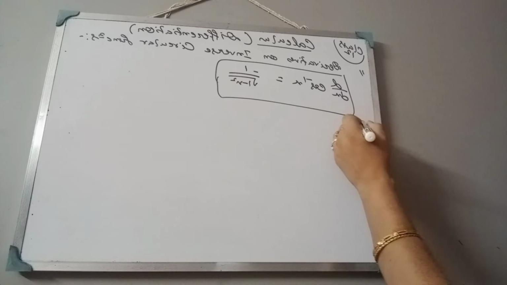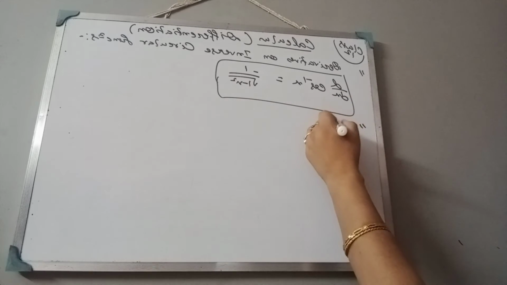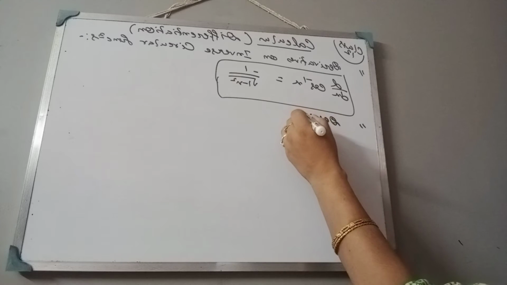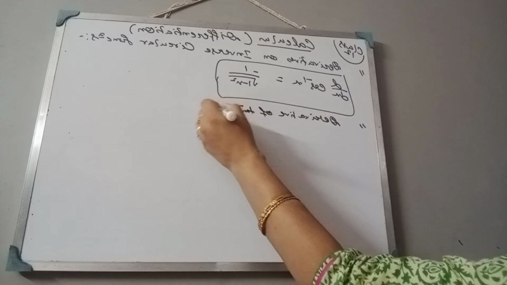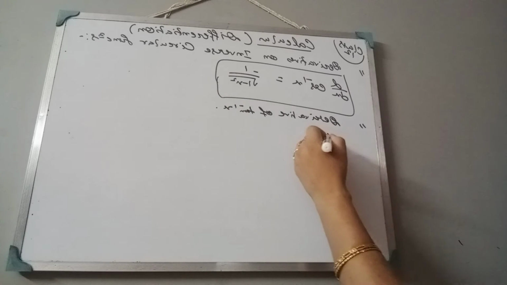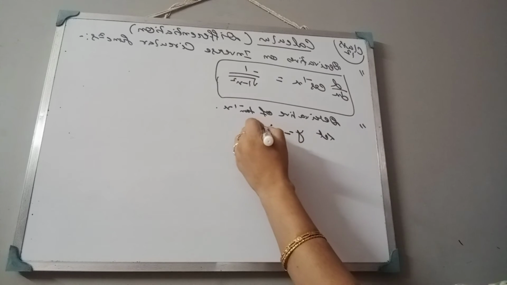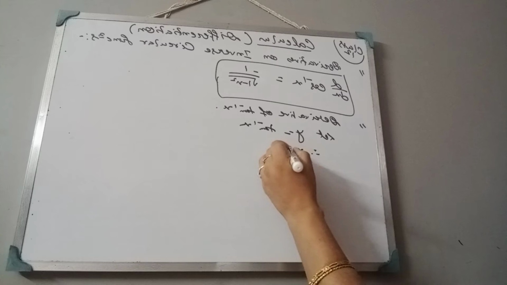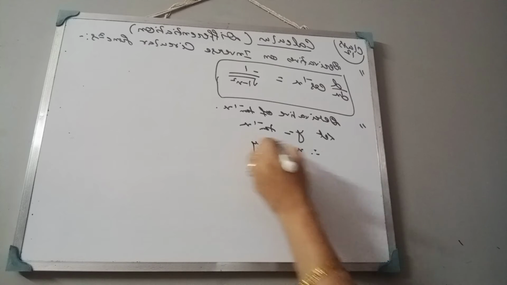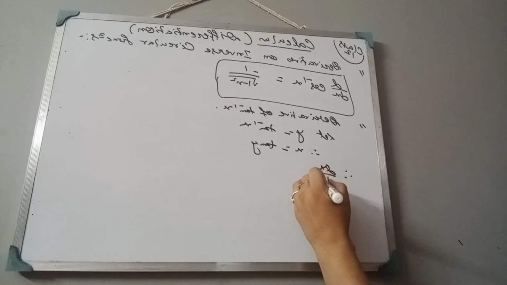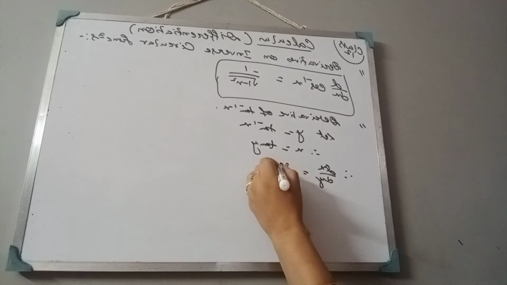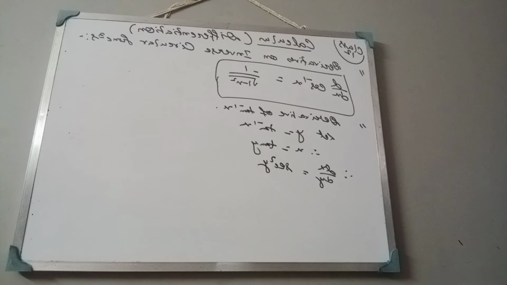Now the derivative of tan inverse x. Let y equal to tan inverse x. Obviously x will be tan y. Got it? So when x equals tan y, dx/dy is equal to sec square y.